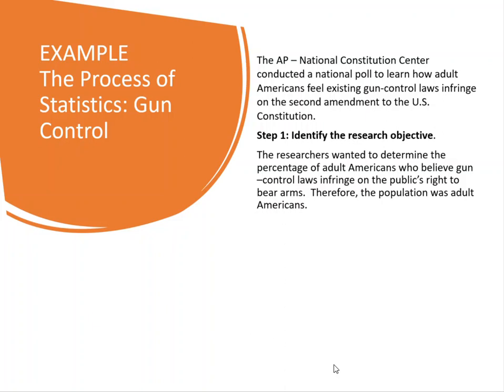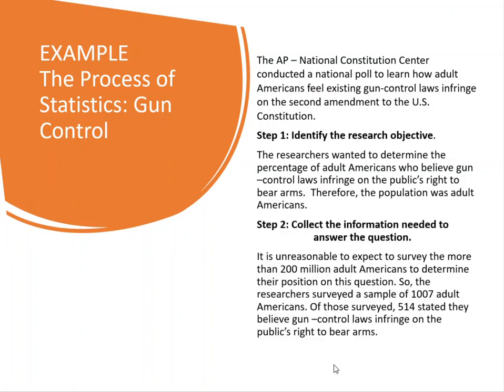You can see that they are identifying the population they want to draw conclusions on, and that would be the population of adult Americans. Step 2 in this process has to do with collecting information. As we saw a moment ago, it would not make a lot of sense to go out and try to speak with all 200 plus million Americans to determine their position.